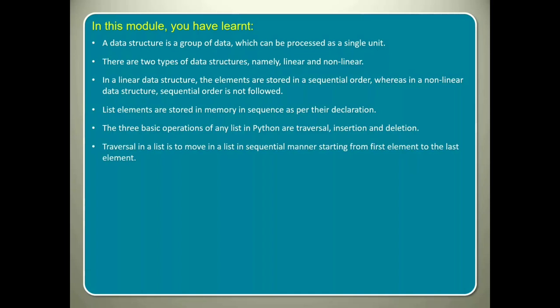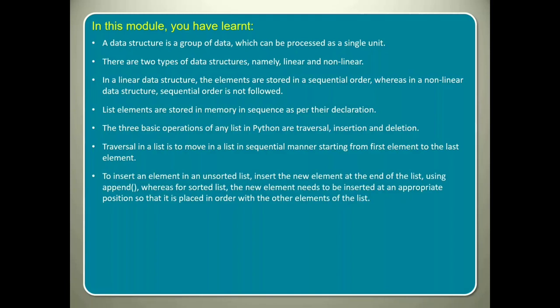Traversal in a list is to move in a list in sequential manner, starting from the first element to the last element. To insert an element in an unsorted list, insert the new element at the end of the list using append.